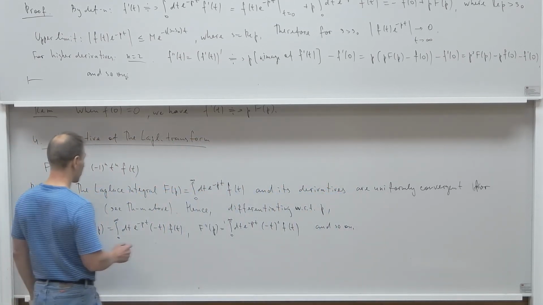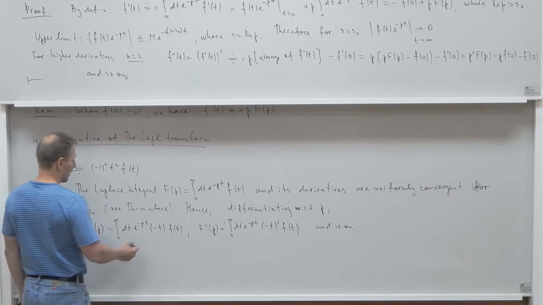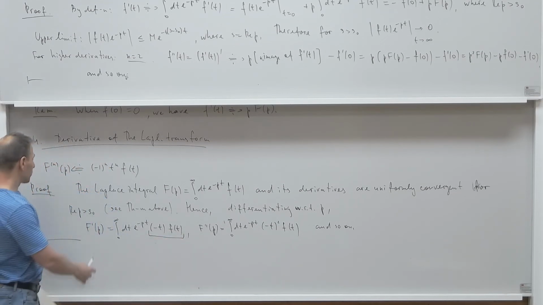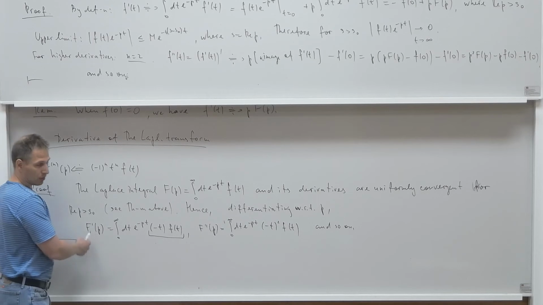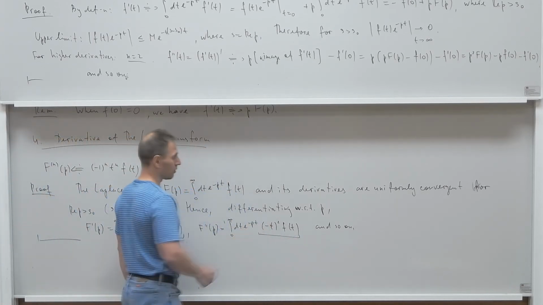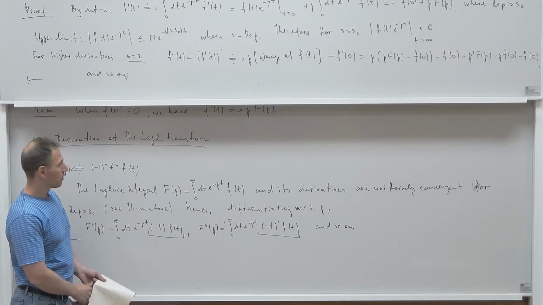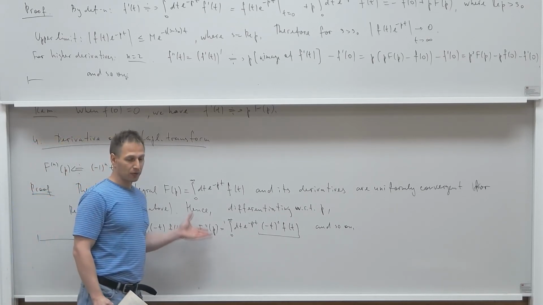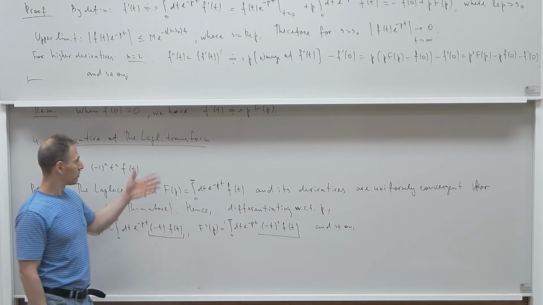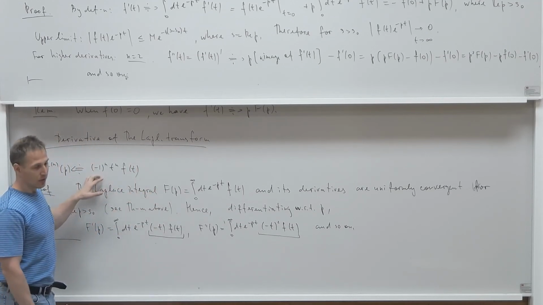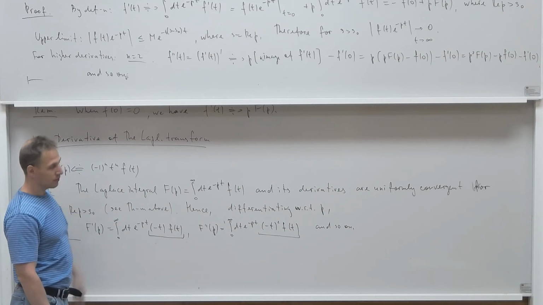We see that this function is Laplace transformed into F prime of p. This function, minus t to second power times f small of t, is transformed into the second derivative of the Laplace image, and so on. Thus we will have, in the case of the nth derivative, such a general formula.